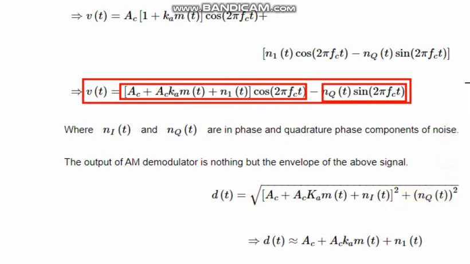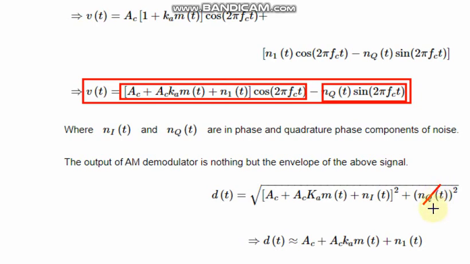Okay, since the in phase component is passing through the modulated signal, that's why the quadrature component can be cancelled.